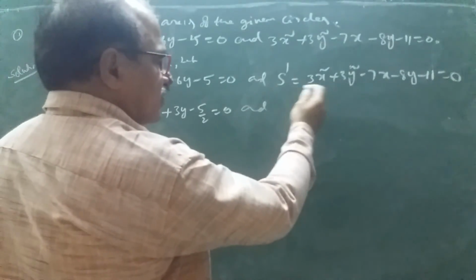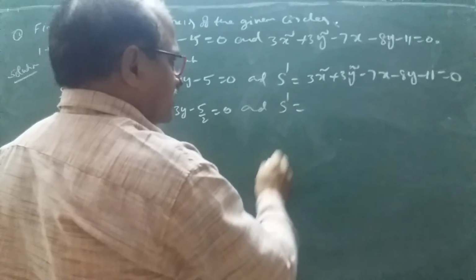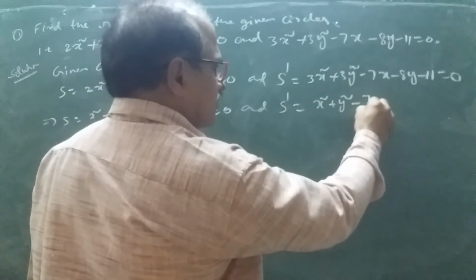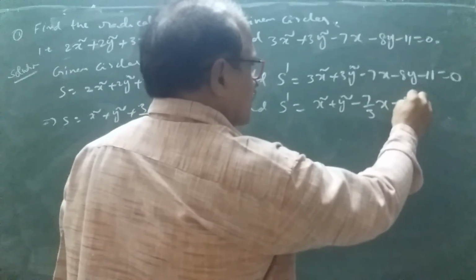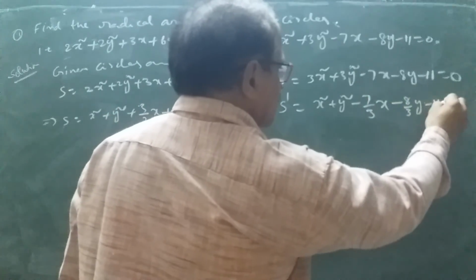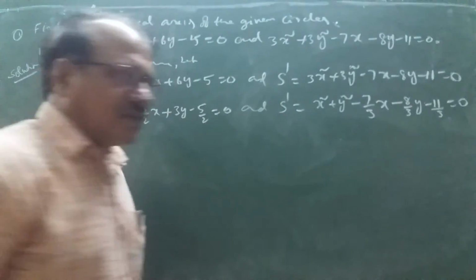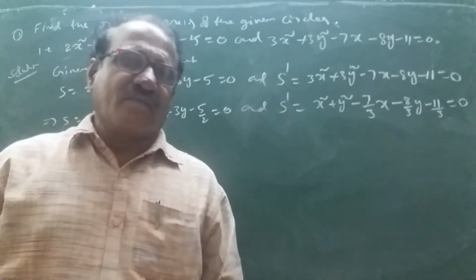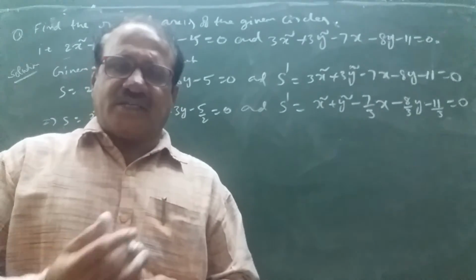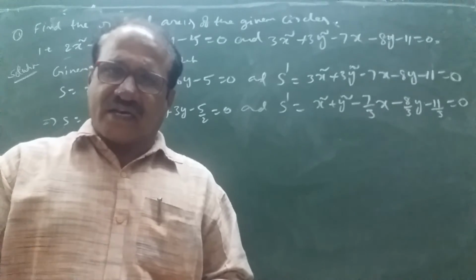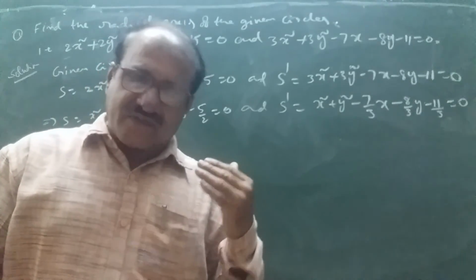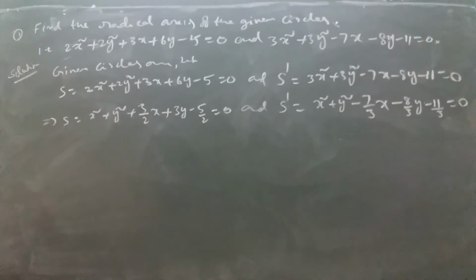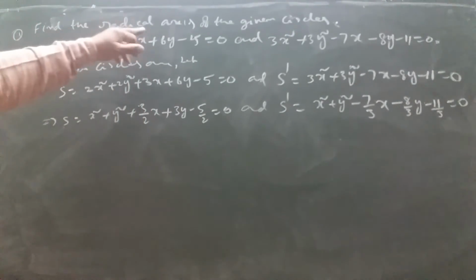And here we have to divide by 3, and S dash may be x square plus y square minus 7 by 3x minus 8 by 3y minus 11 by 3 should be equal to 0. For this point, I am taking this example. We have to change the circle equation into general equation if the given equation is not in the general form.